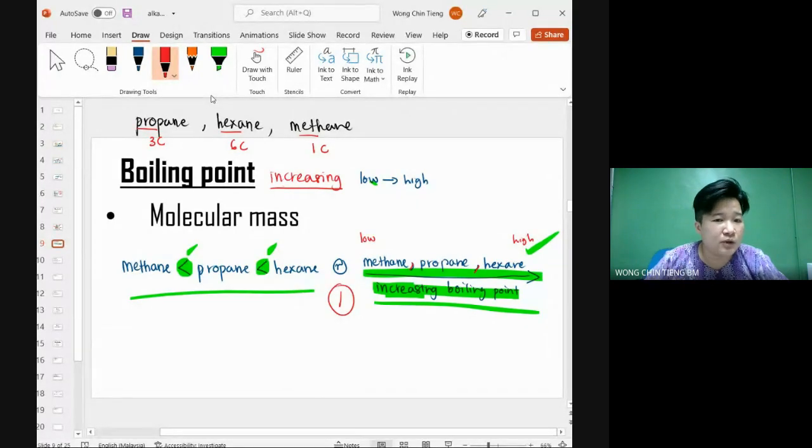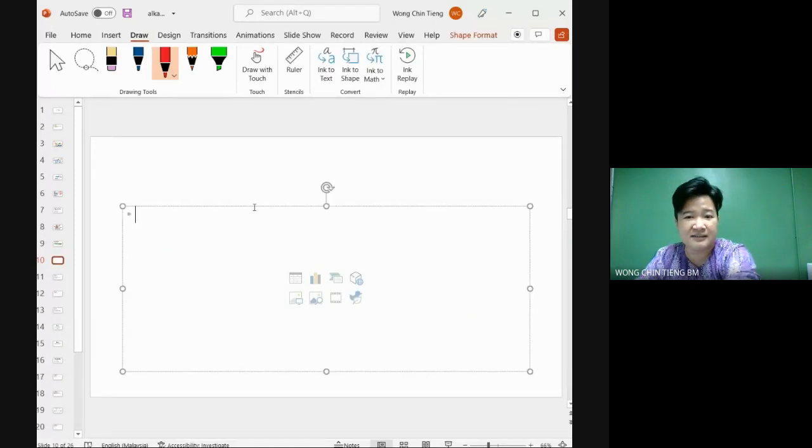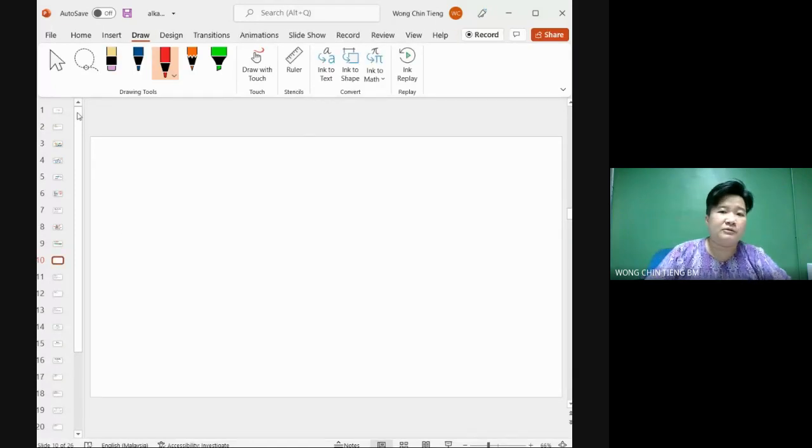So kalau soalan ni keluar 5 markah, katakan, arrangement 1 markah, explanation 4 markah. Kamu salah arrange, kamu hilang 5 markah. Faham? Jangan salah arrange. That is the very, very important thing. It's not about the 1 mark. It's about the rest of the marks.